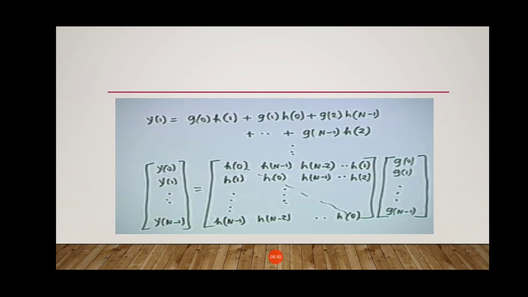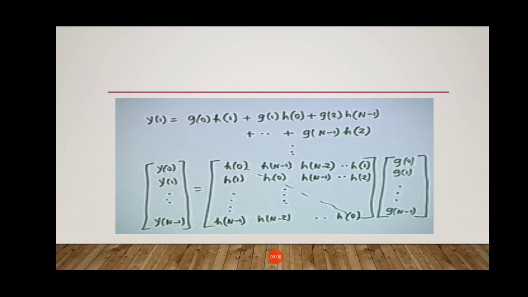The first row is h of 0, h of N minus 1, h of N minus 2, up to h of 1. The last term, h of 1, has come to the first component of the second row. That is h of 1, and h0 has shifted to the second component of the second row.